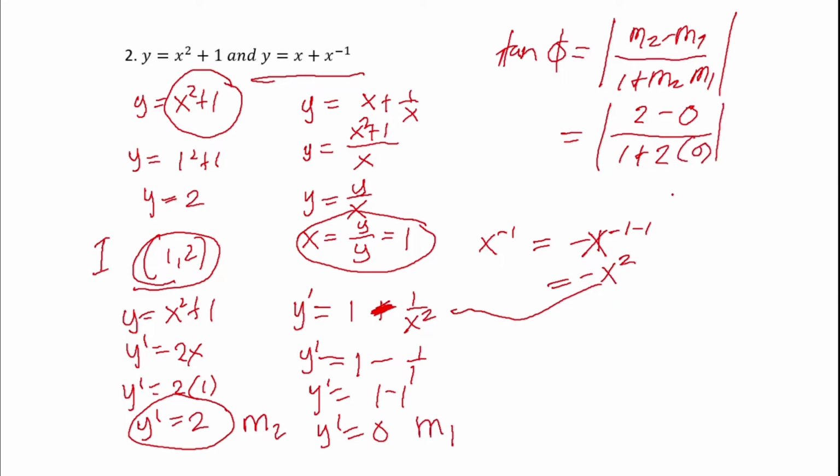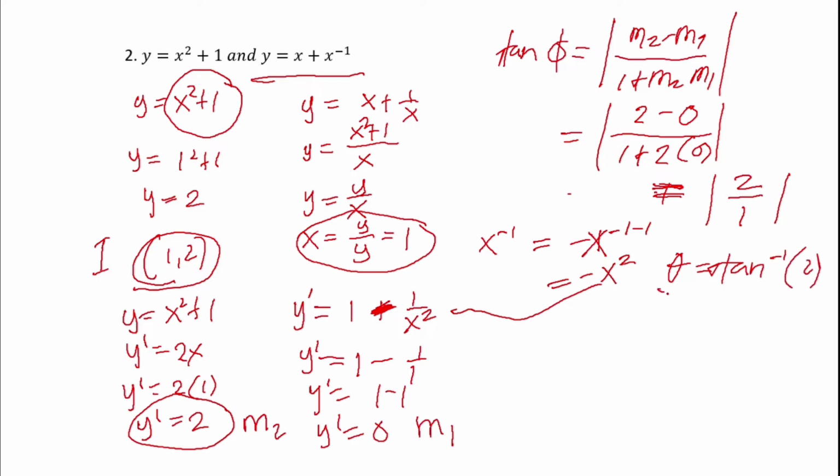So the absolute value of the result is 2 over 1. Therefore, phi is the inverse tangent of 2.